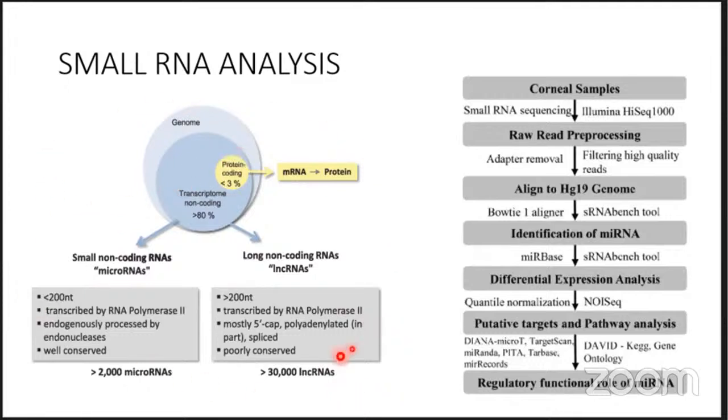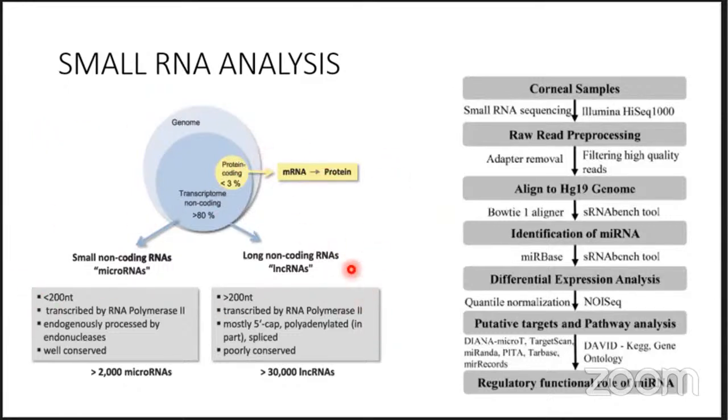I'm not going into library preparation, but I will briefly explain how it is done. First we isolate the RNA, which is the total RNA. During the RNA preparation we can enrich the small RNA and get rid of the long coding RNA, the messenger RNA.